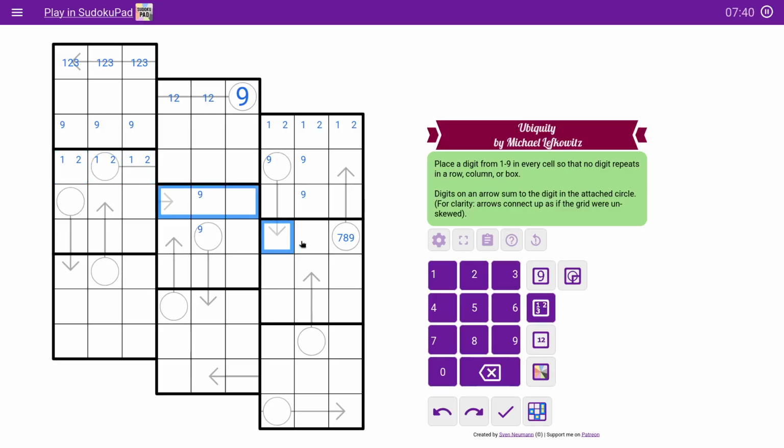Okay, so the 1, 2s must cascade all the way down, right? The 1, 2 is not here, here, here, therefore it's here. It's not in these 6, therefore it's in these 3. It's not in these 3 or these 3, therefore it's in these 3. It's not in these 6, therefore it's these 3. It's not in these, therefore it's here.